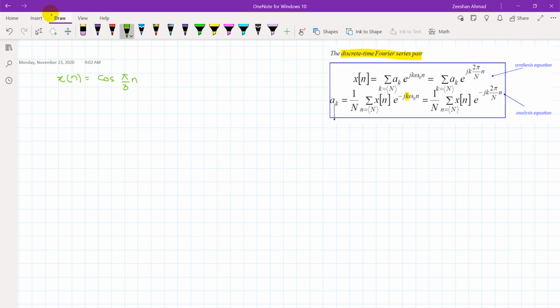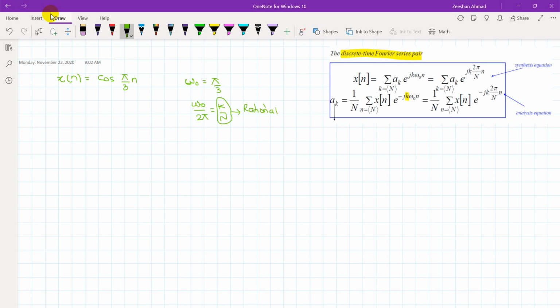We say that, for example, omega naught is equal to pi by 3 here. So for a signal to be periodic, omega naught by 2 pi should be equal to k by N here, where k by N should be a rational number to make it periodic. So we need to check for this condition here.